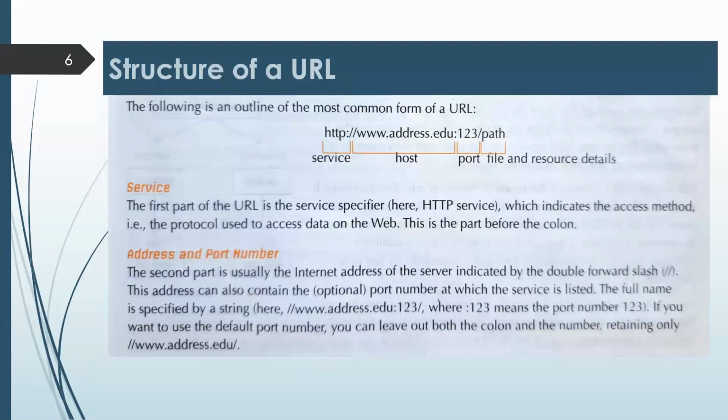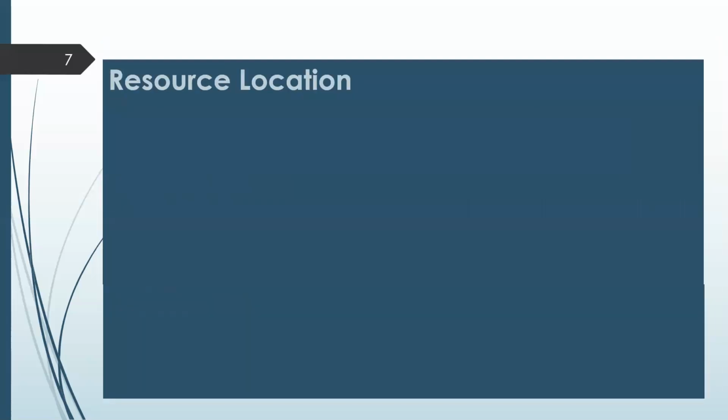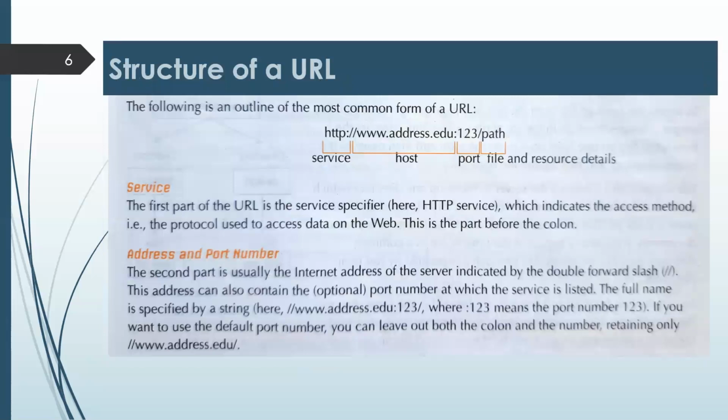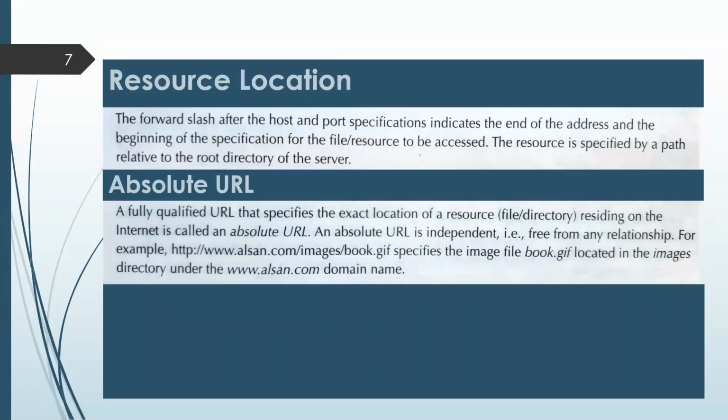Under the structure of URL we have service, domain name part, and how many categories it is divided into: service, host, port, file, and resource details. Then resource location, then absolute URL and relative URL.